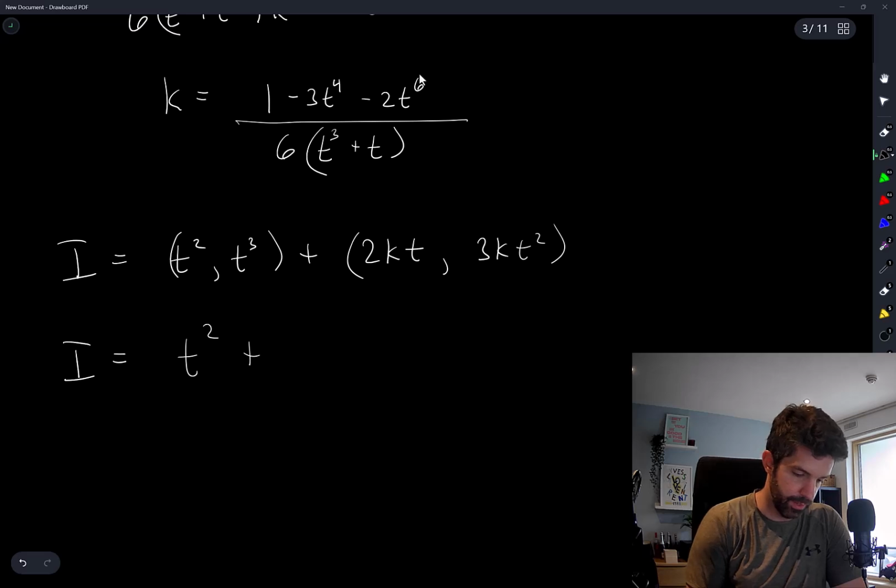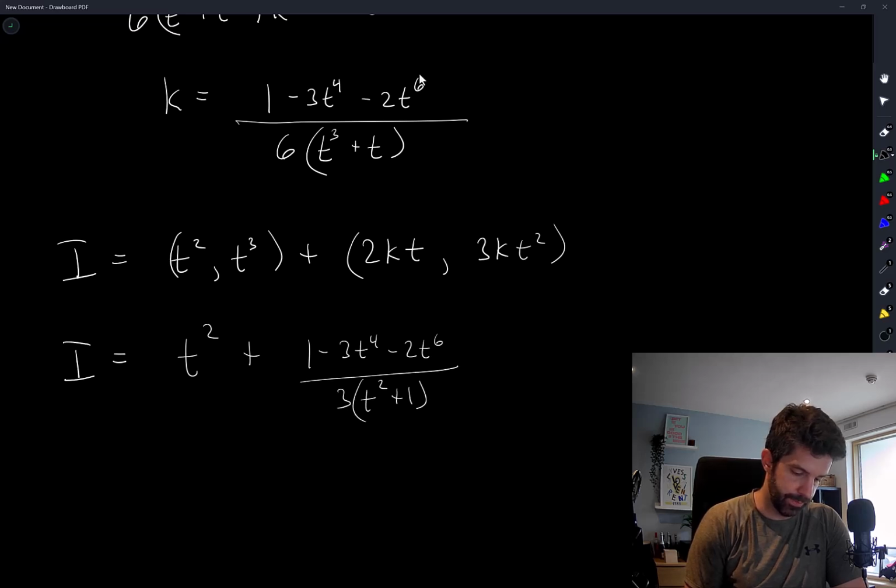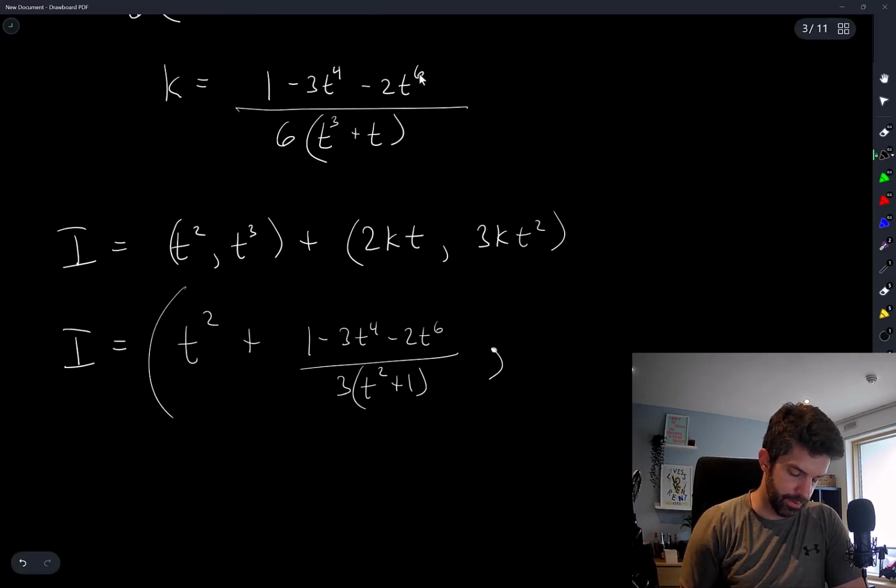So I guess 1 minus 3t to the 4 minus 2t to the 6 divided by 3t squared plus 1. And the other parameter is t cubed plus, so if I multiply k by 3t squared, that becomes a 2.